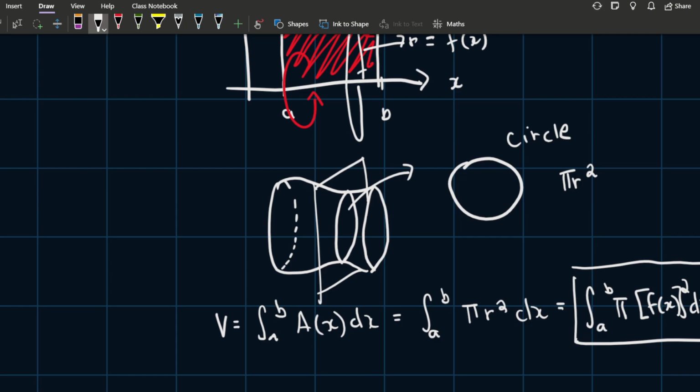Now, anong difference between the two? So kapag discs yung kino-consider natin, we are actually considering a solid of revolution kung saan yung axis of revolution is a boundary of the region.